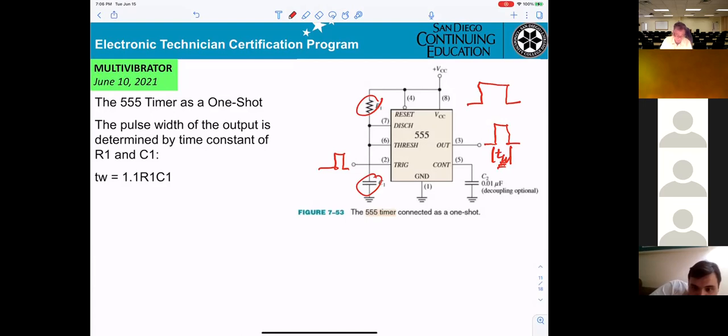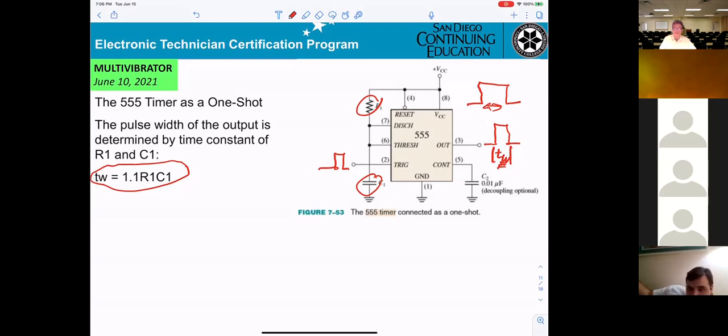Okay, and also they given you this formula here. Whoever want to play TW, that means the width here, you can use the formula 1.1 times R1 C1. Okay, this one we can do for simulation, not big deal.